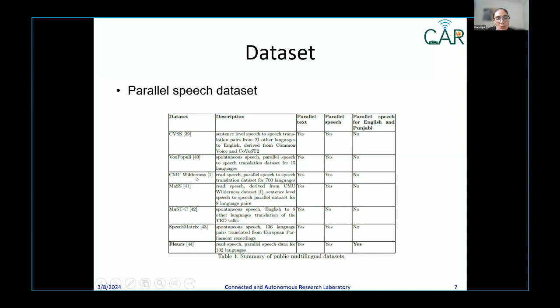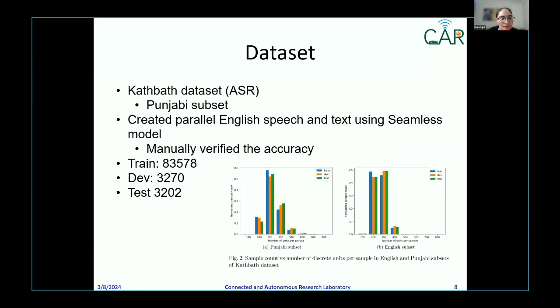And only one of these data sets, called FLEURS, has Punjabi and English language pairs. We could use this data set for our work, but the data size is too small to train our model. So we ended up using something else, which we'll discuss in the next slide.